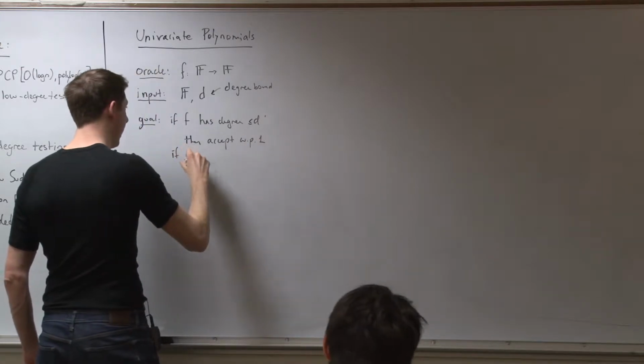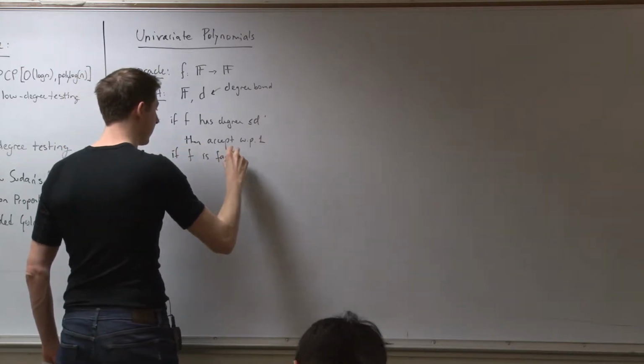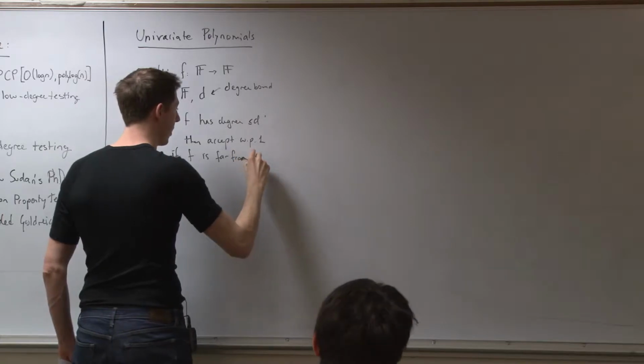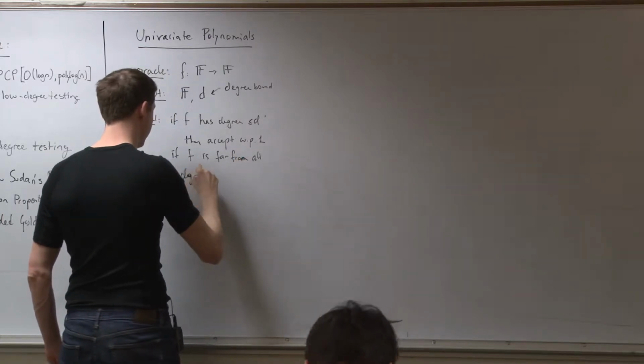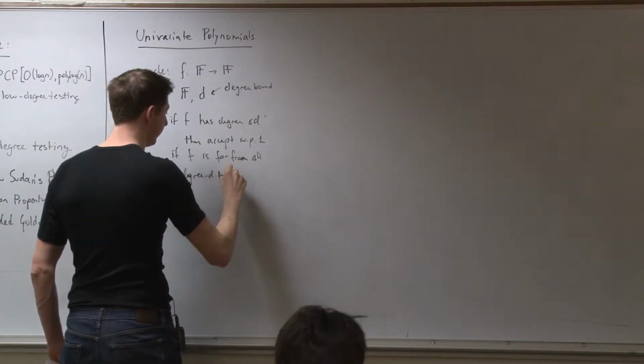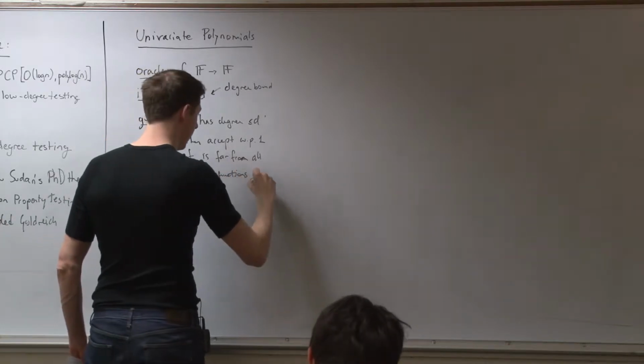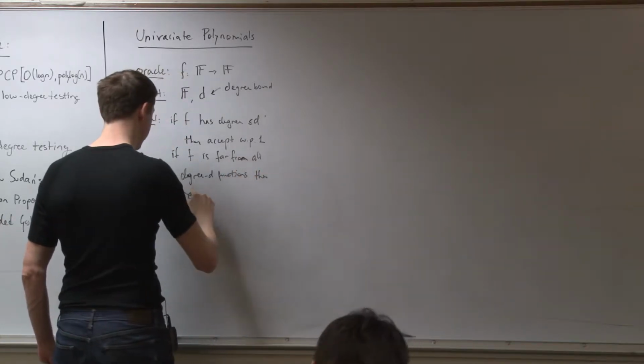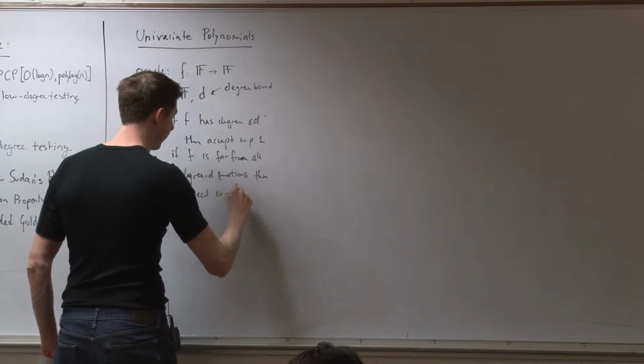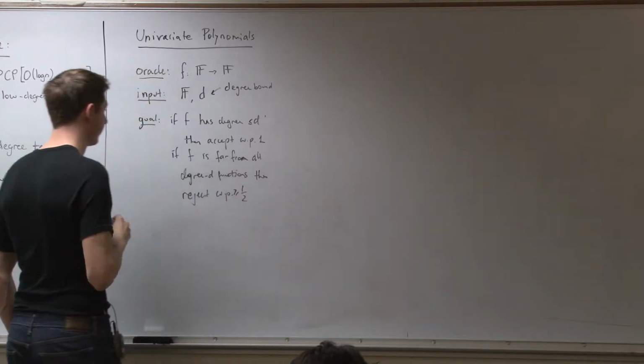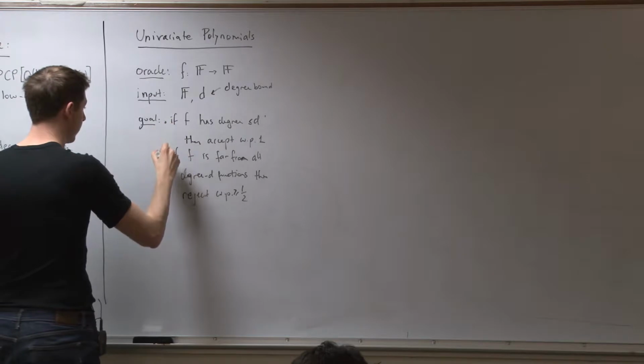And if f is far from all degree d functions, then we want to reject with probability at least a half. Okay, so this is our goal.